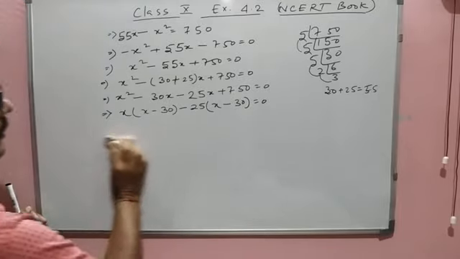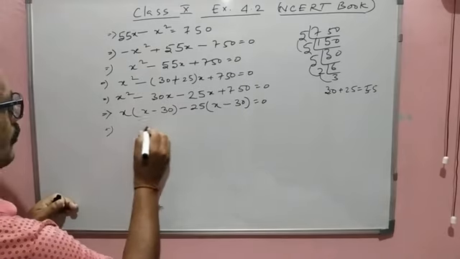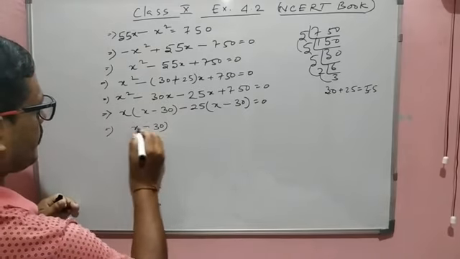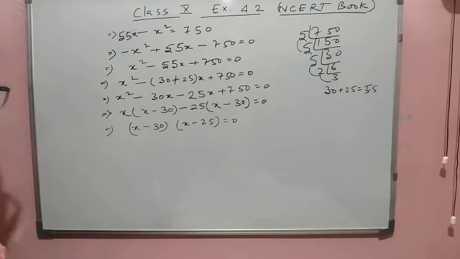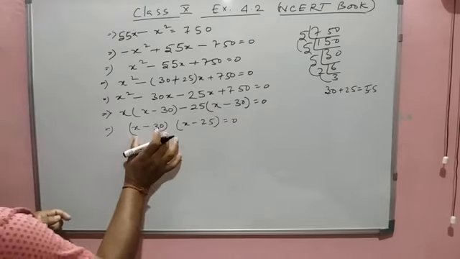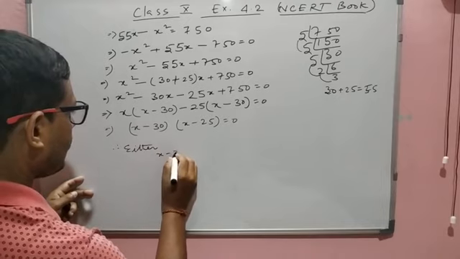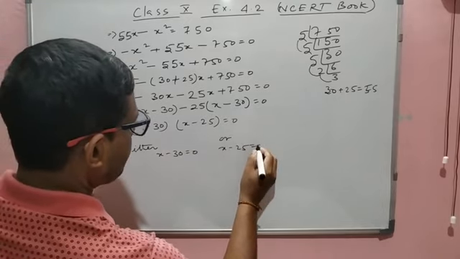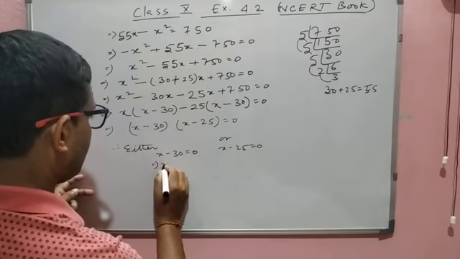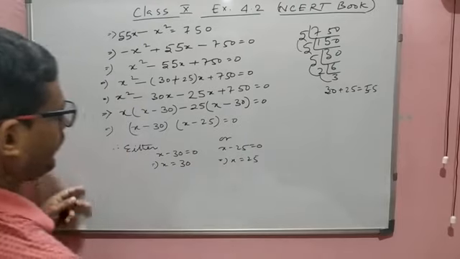Now we can take common x minus 30: x minus 30 into x minus 25 equal to 0. So the product of these two factors equals 0, therefore either x minus 30 equal to 0 or x minus 25 equal to 0. This implies that x equals 30, or x equals 25.